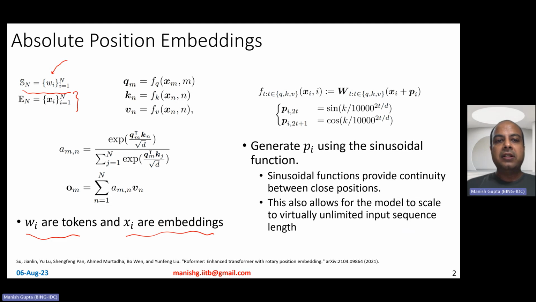Okay. Now, typically what is done is to compute Q, K, V. So for every position, for every token, you take the position and the token at that position and compute Q, K, V. Once you have the Q, K, V, you compute the attention weights, which is basically Q transpose K with a normalization, and then you apply softmax on that.